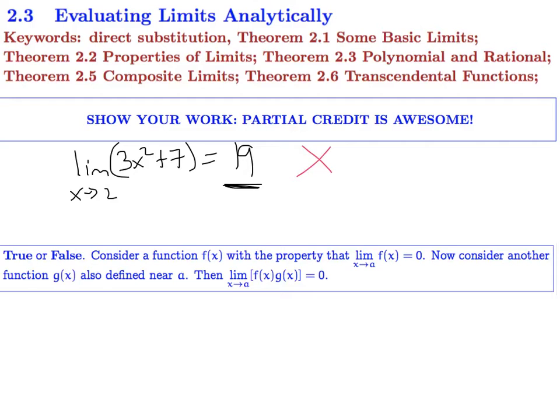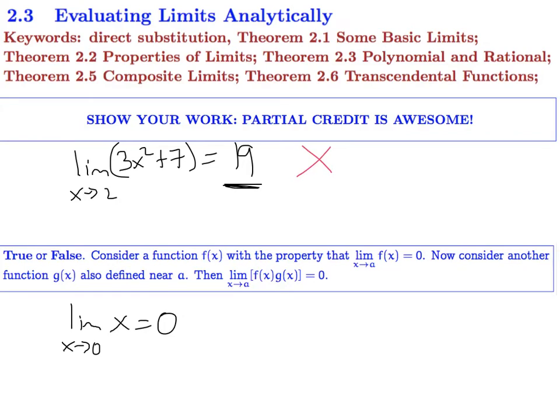This one isn't. Consider a function f of x with the property that the limit as x approaches a of f of x equals 0. Now consider another function g of x defined near a. Well, then it must be true that the limit as x approaches a of f of x times g of x equals 0. So for example here, let's suppose we know that the limit as x approaches 0 of x definitely equals 0.